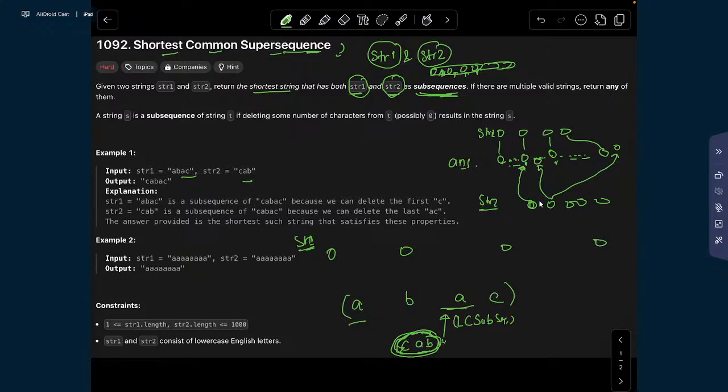Let's say we found that this is the longest common part. We have to return any valid string. Okay, we have to return them as well. So we find the longest common subsequence, and whatever is left behind.